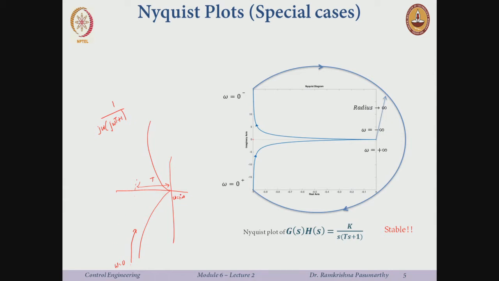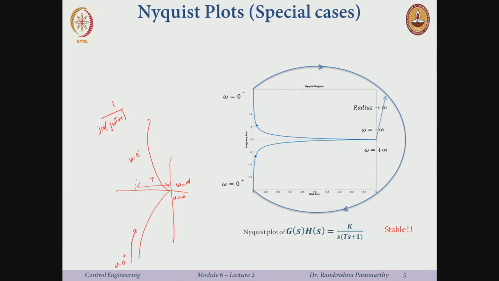So how do I really look at it? I start at omega equal to 0, or let us call it 0 plus. When omega equal to plus infinity I will be here, when omega is minus infinity I will be here. Omega equal to 0 plus I am going here, and omega equal to 0 minus, for negative frequency, I will be here. Now, what happens at omega equal to 0?